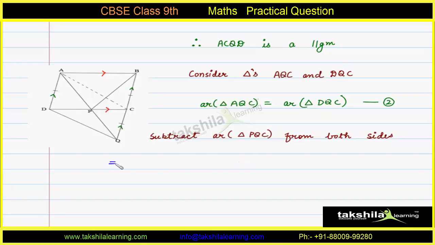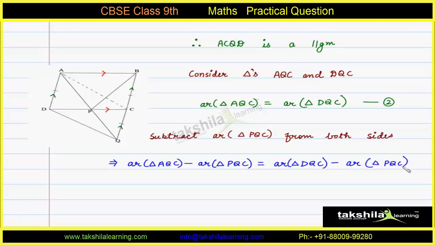So this implies here that area of triangle AQC minus area triangle PQC is equal to area triangle DQC minus area triangle PQC.